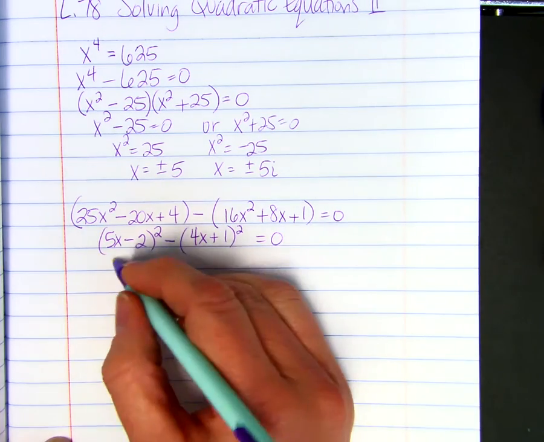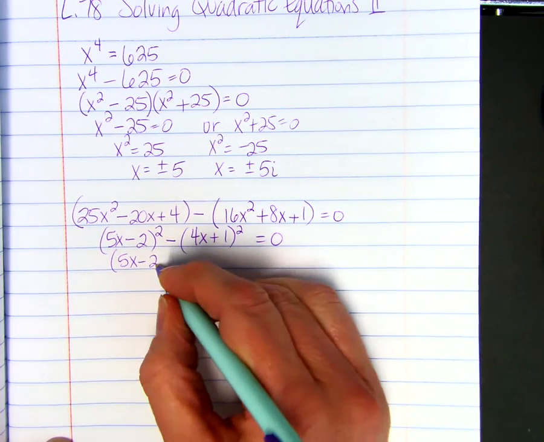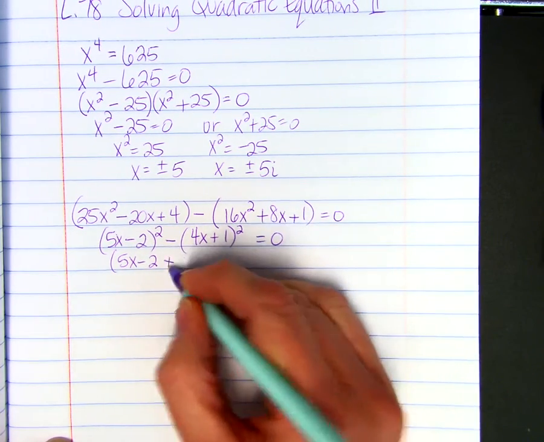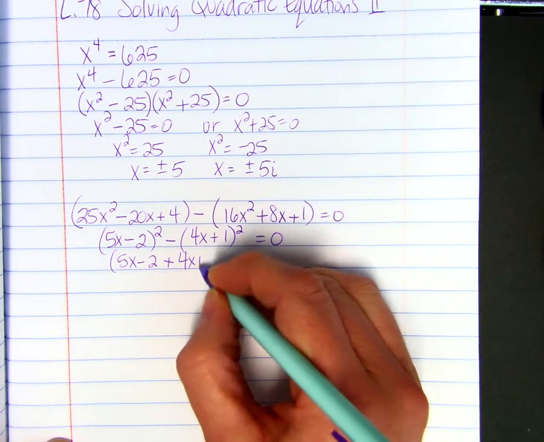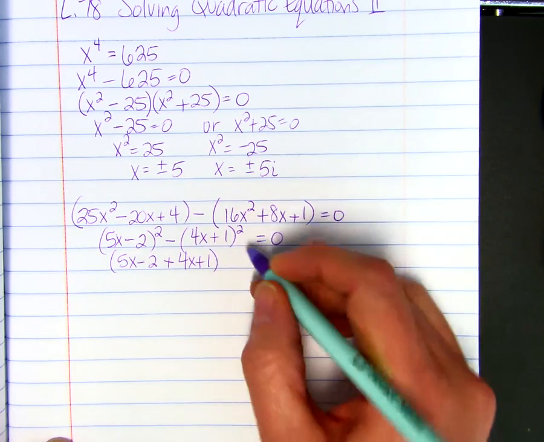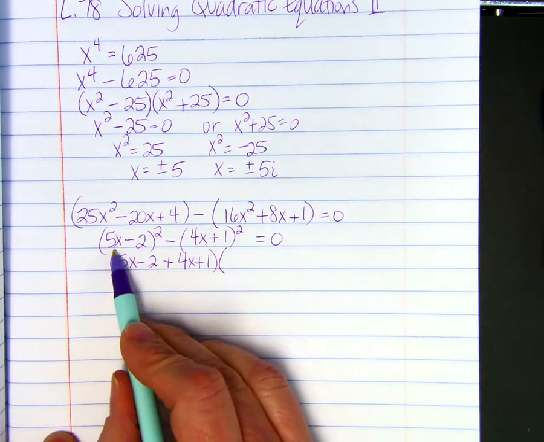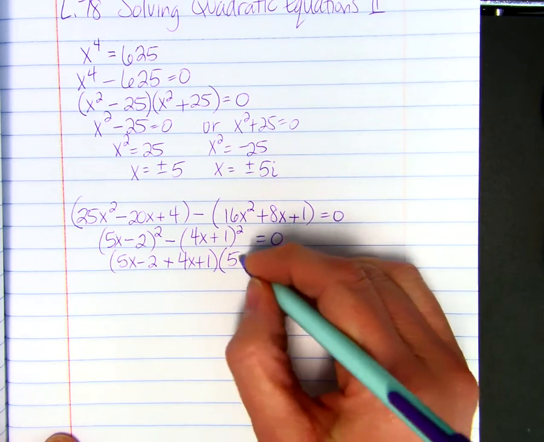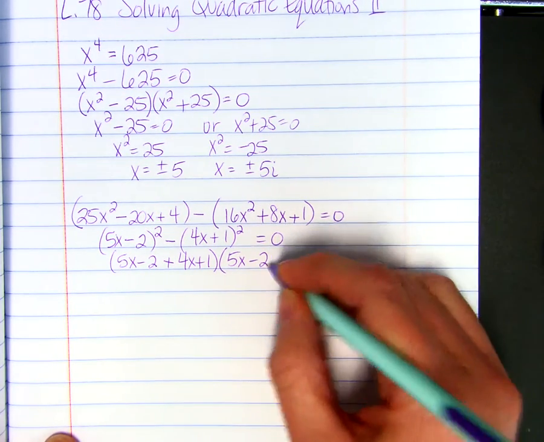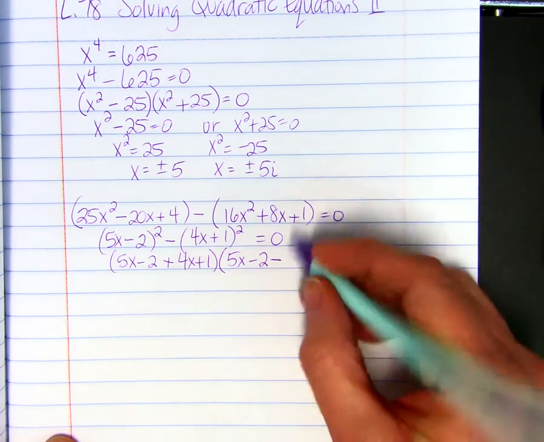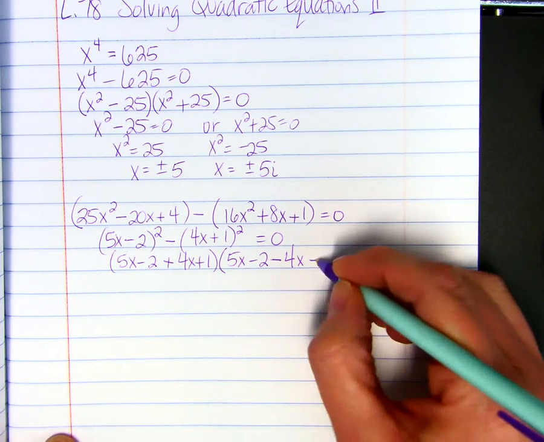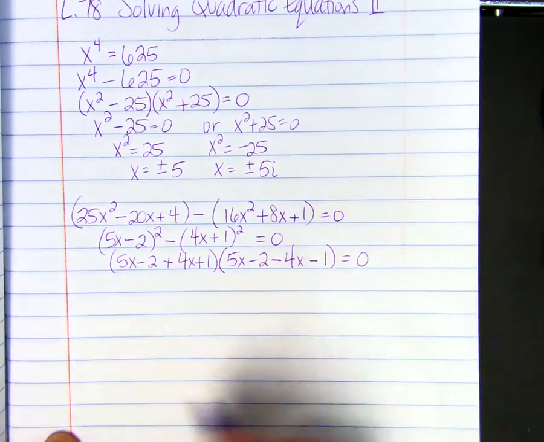So it's the first 5x minus 2 plus the second 4x plus 1 times, and then we take the first one minus. So 5x minus 2 minus the second one, which means we have to distribute the negative sign. Don't forget that.